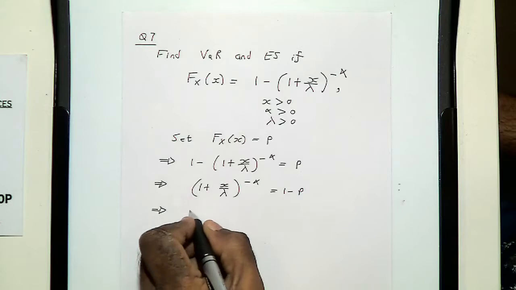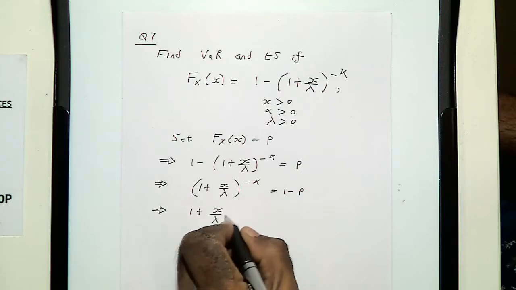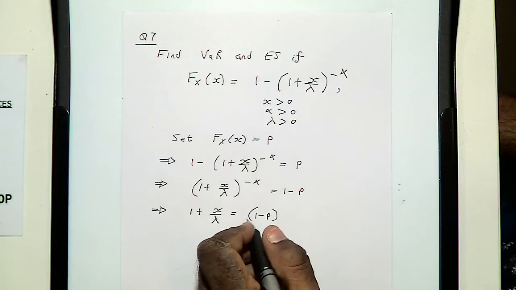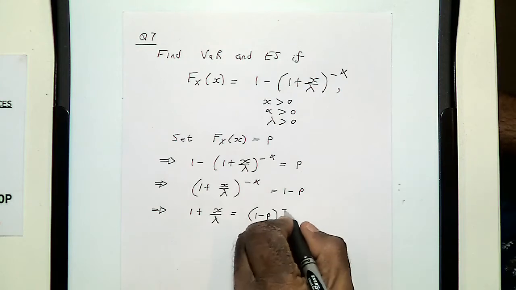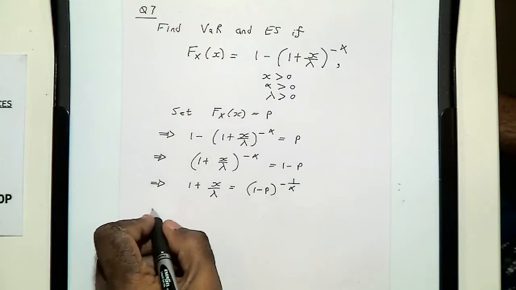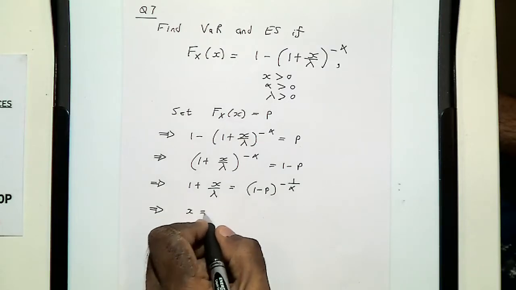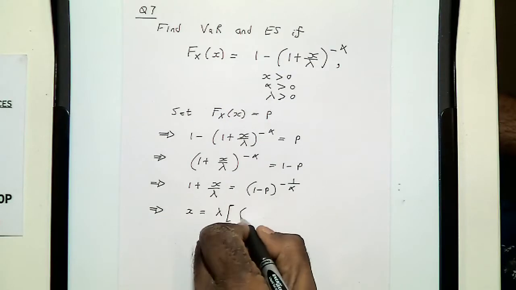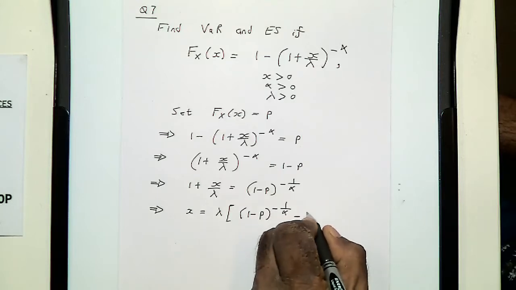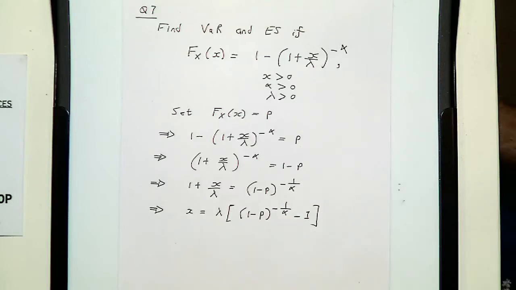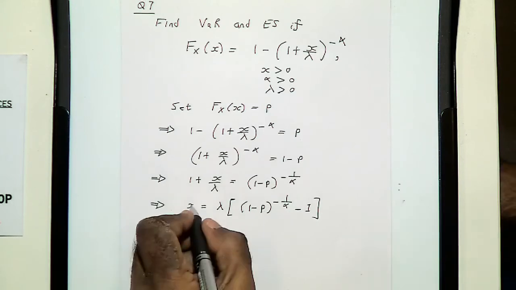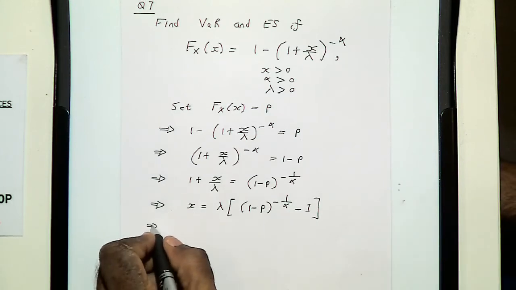So this implies that 1 plus x by lambda is 1 minus p to the power minus 1 over alpha. Okay, so x is going to be lambda times ... correct me if I'm wrong. Hopefully it's correct. So this is the formula for VaR.